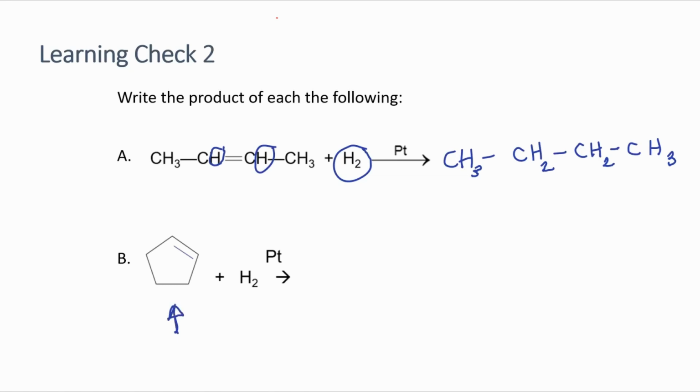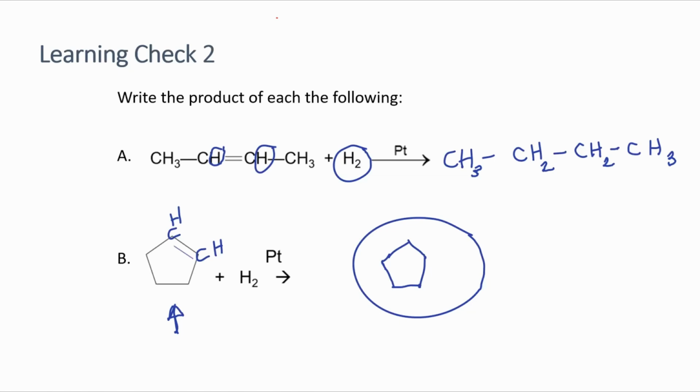It's a line angle structure for cyclopentene. So the hydrogen atoms will be added to this carbon and this carbon, and as a result, the double bond will disappear. So the product will be just like this. There's only one hydrogen atom attached to these two carbons, right?